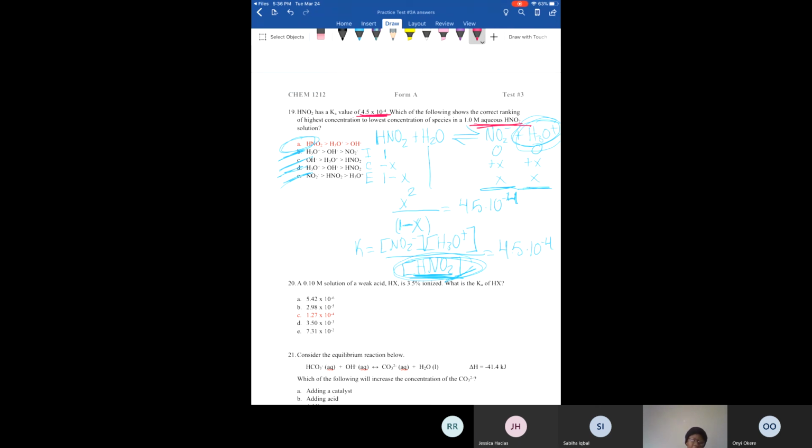Yeah, your Ka value is acidic because your Ka value is greater than your Kb value. So think about the relationship between Kw, which is Ka times Kb. If you were to find your Kb, Kw is always going to be 10 to the negative 14, so 4.5 times 10 to the negative 4 equals your Kb.